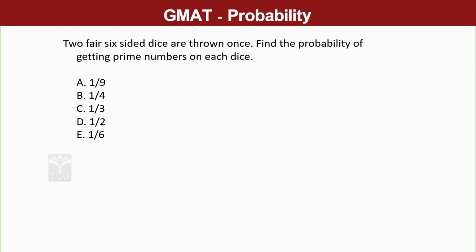2 fair 6-sided dice are thrown once. Find the probability of getting a prime number on each die. The prime numbers are 2, 3 and 5.